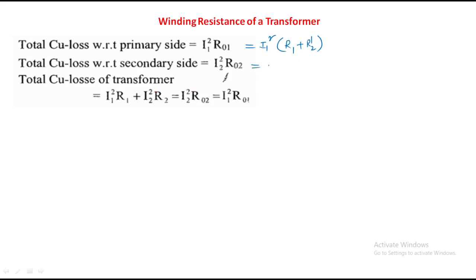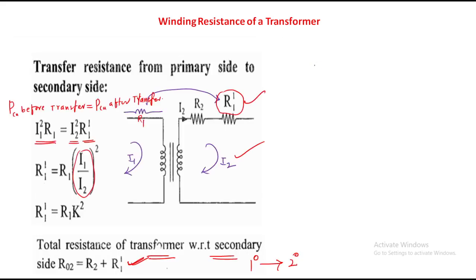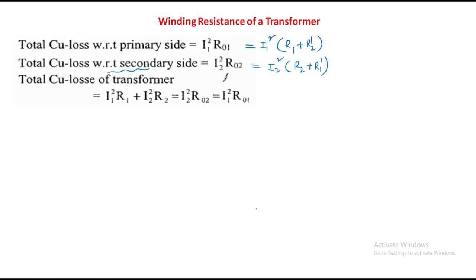Like that, what is the total copper loss with respect to secondary? I2 square into R2 plus R1 dash, right? So like that, the total copper loss of a transformer is nothing but I1 square R1 plus I2 square R2.